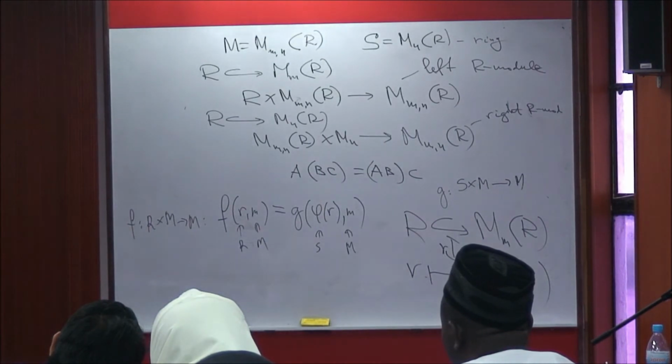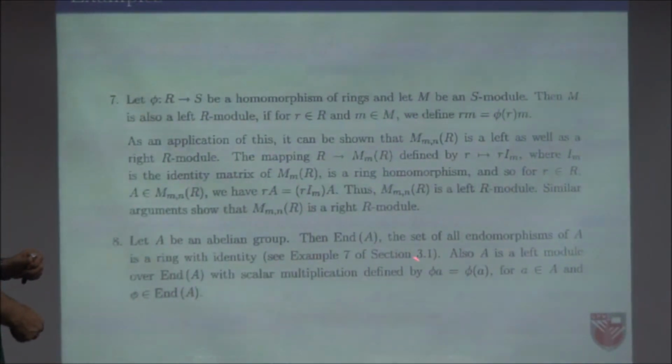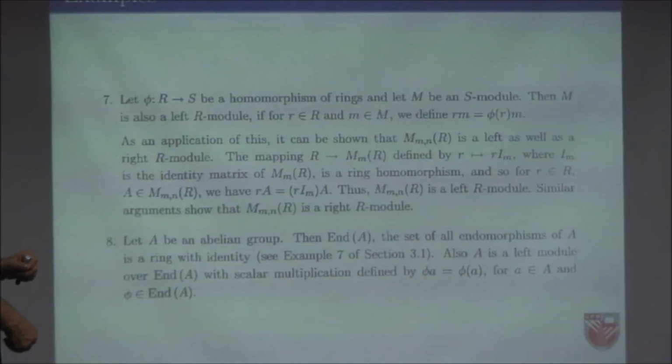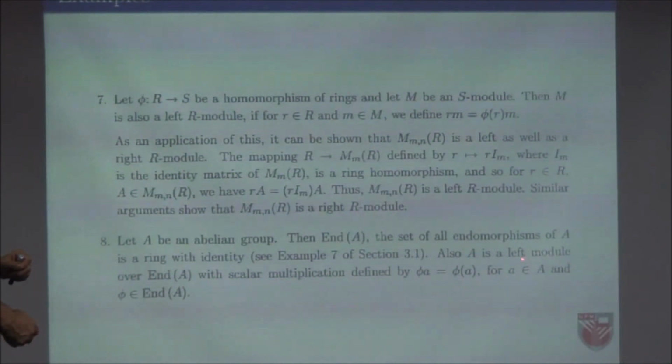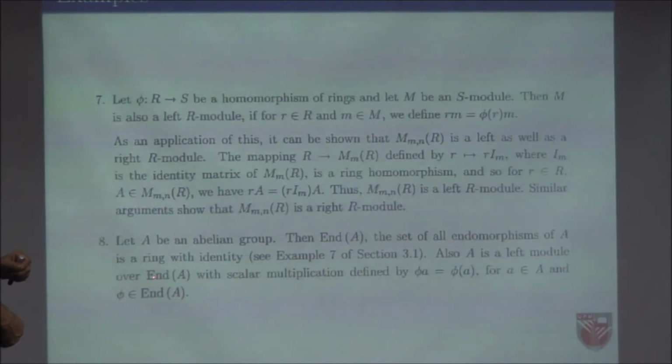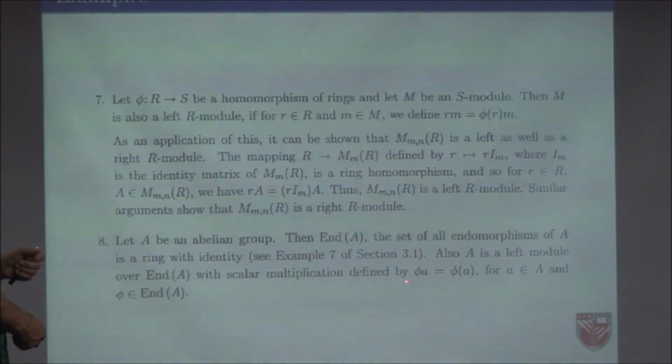Okay. Then another example on abelian groups, endomorphism of abelian groups. You may consider your abelian group as a left module over the endomorphism ring of your abelian group A, as follows. Take phi, an endomorphism of A. Then the multiplication operation you define as the image of your endomorphism.